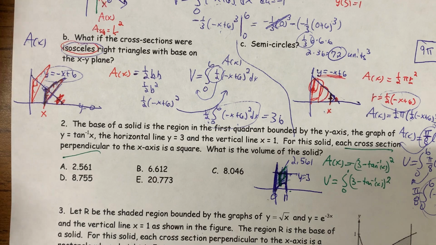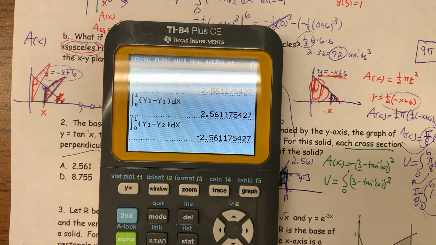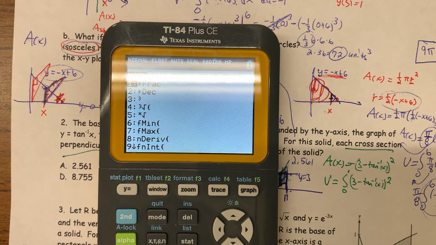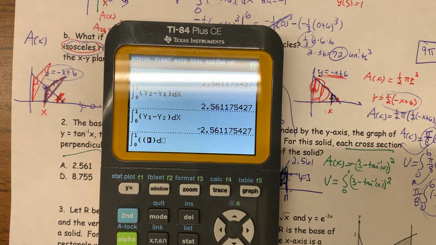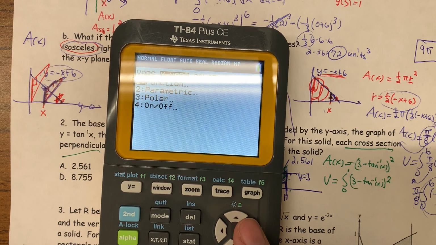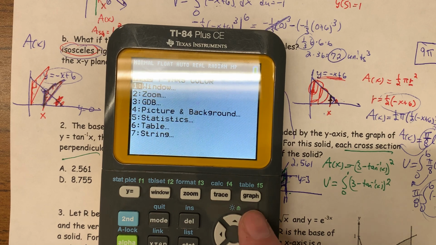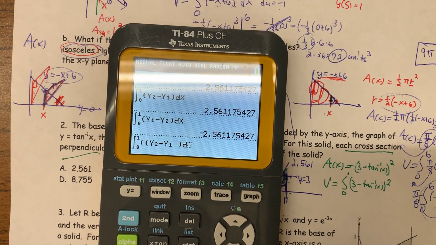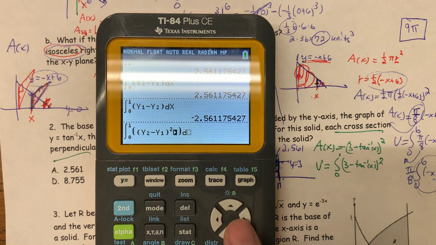Now guys, in a calculator, check out how nice this becomes. So it's 0 to 1. You're going to open parentheses, and you're going to say y2 minus y1, close the parentheses, and square it. It's so often going to have y2 minus y1 squared in it.